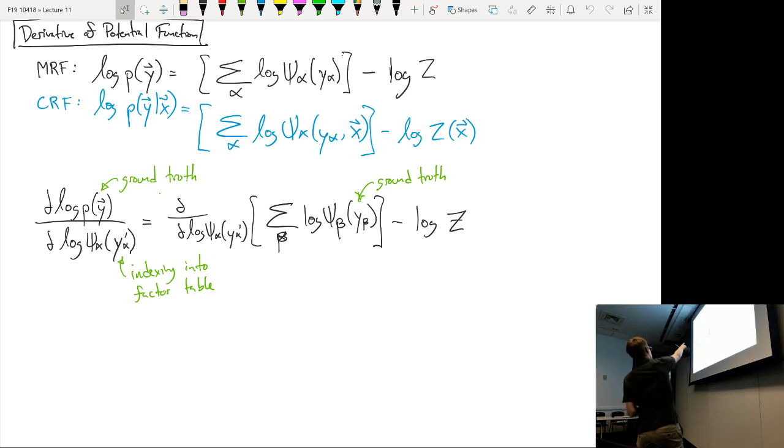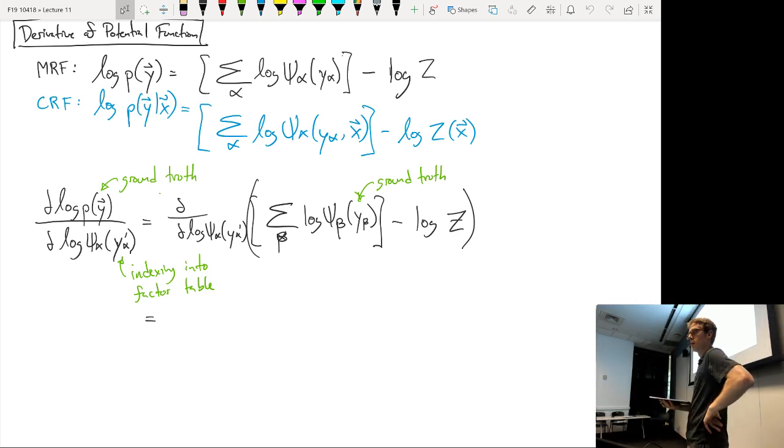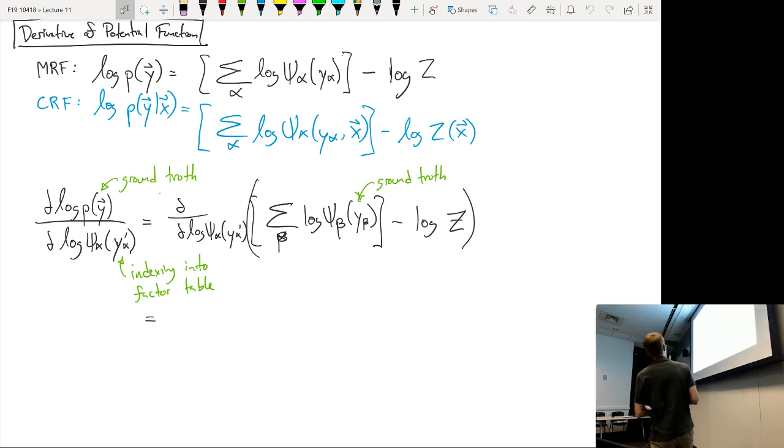All right, so what's the derivative of our first term here? So we're going to have the derivative with respect to log psi alpha y prime alpha of this summation. And what would that be? We'll only get the derivative at the point when beta is equal to alpha? Yeah, so it's only going to kick in if alpha is equal to beta. That's right, and there's another condition that needs to hold.